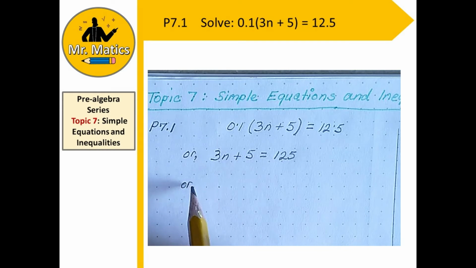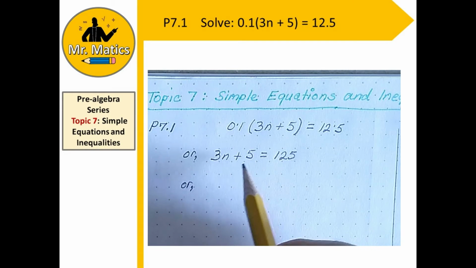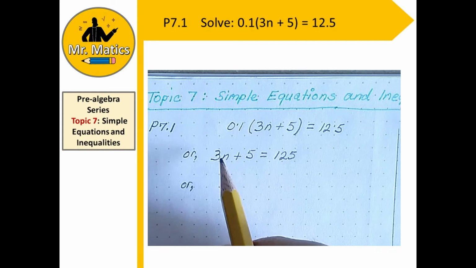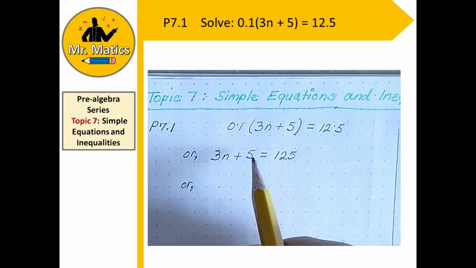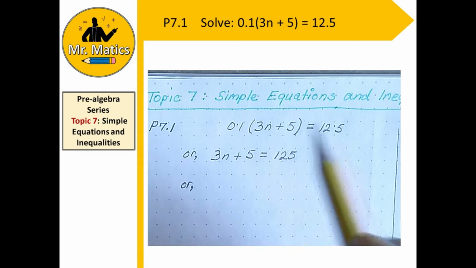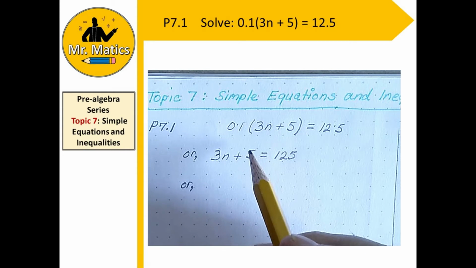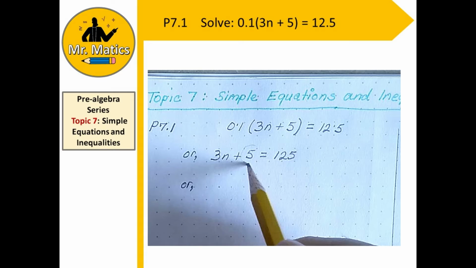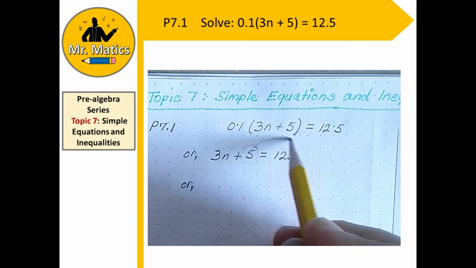So when you have a mix of unknown numbers or variables and known numbers, try to keep the unknown numbers on the left side and transfer the known quantity to the right side.